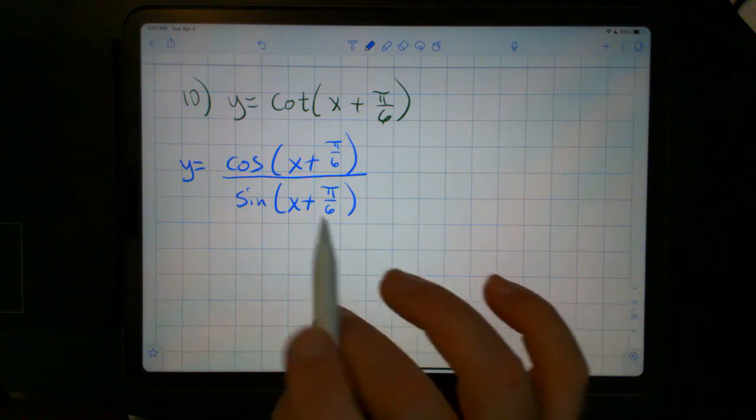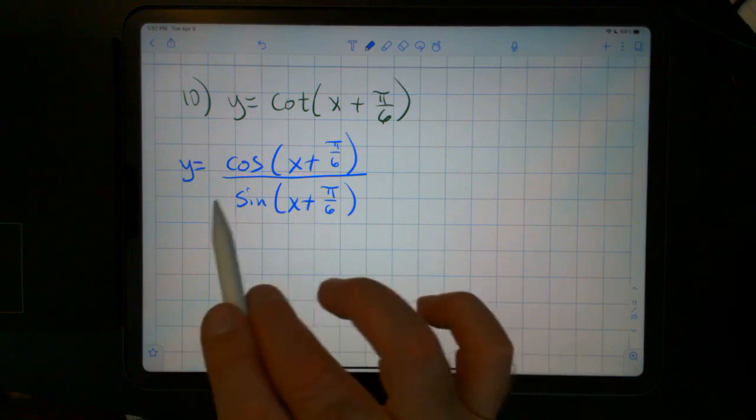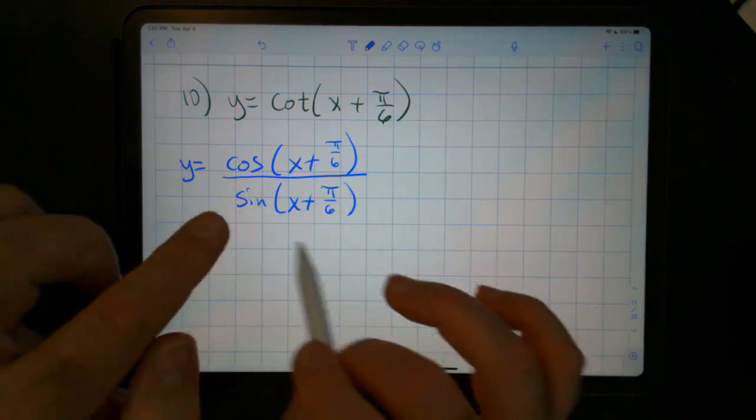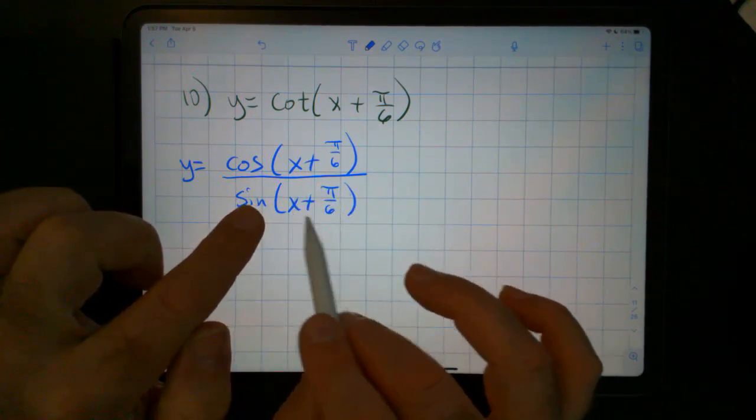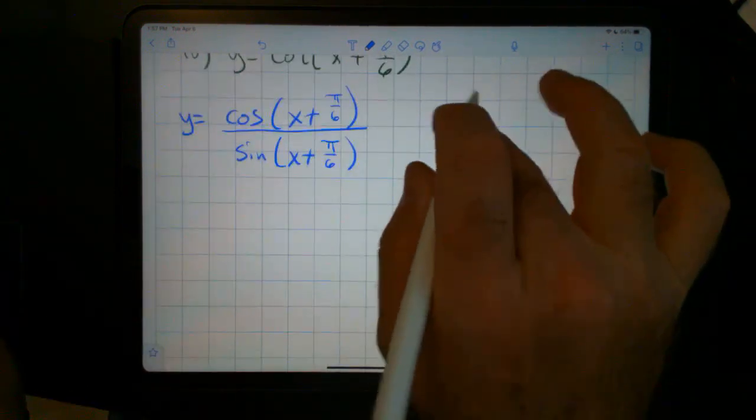So where are the asymptotes? Well, the asymptotes are when your denominator is 0, the denominator is 0 when sine is 0. So let's set this equal to 0.